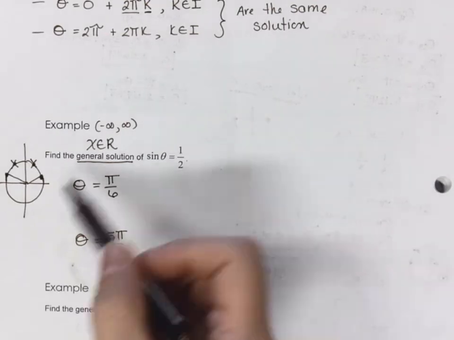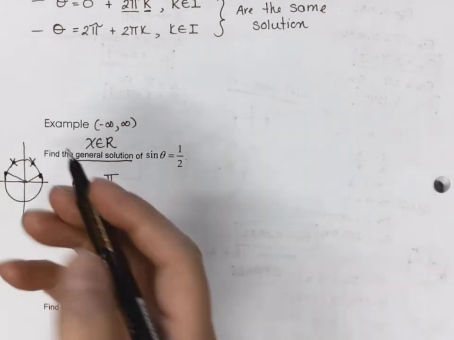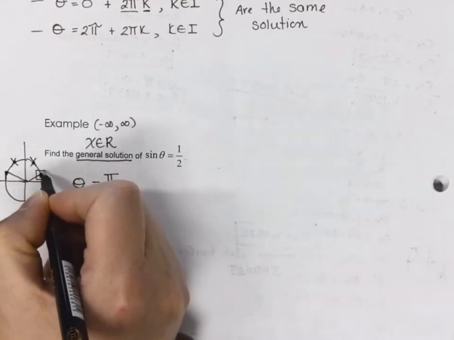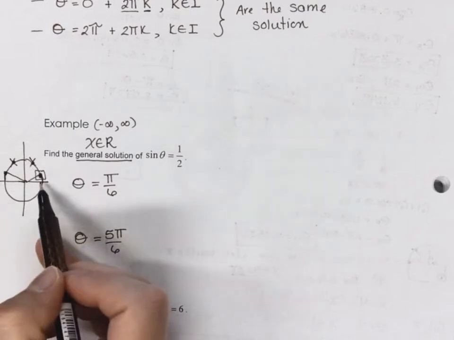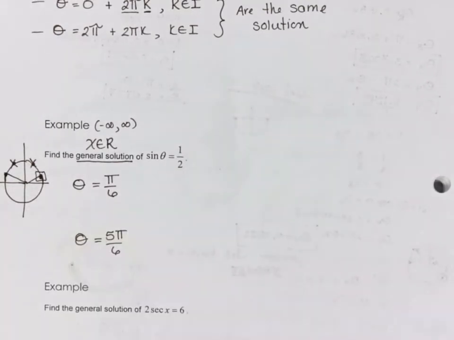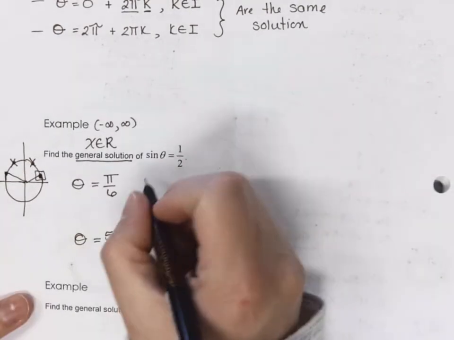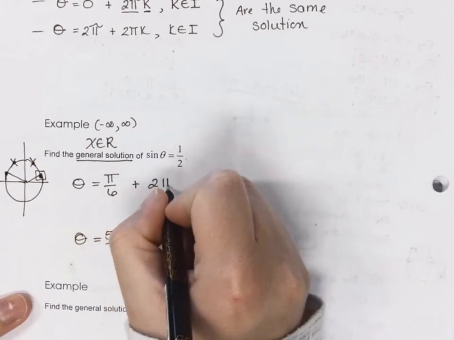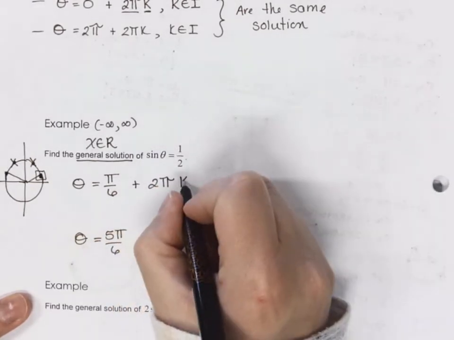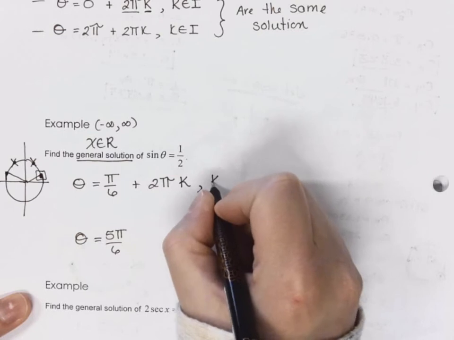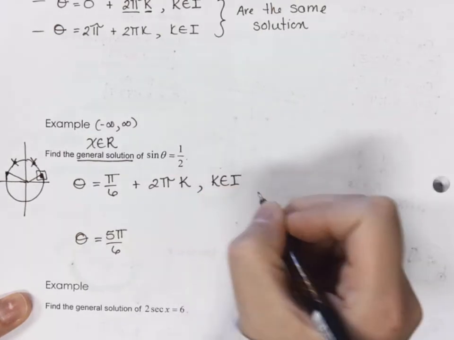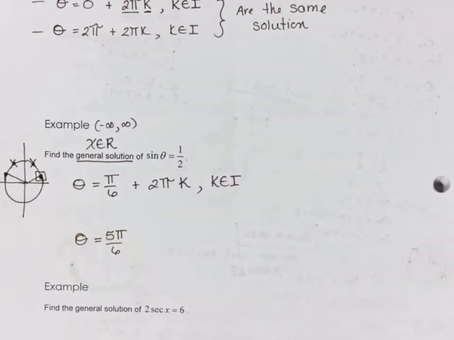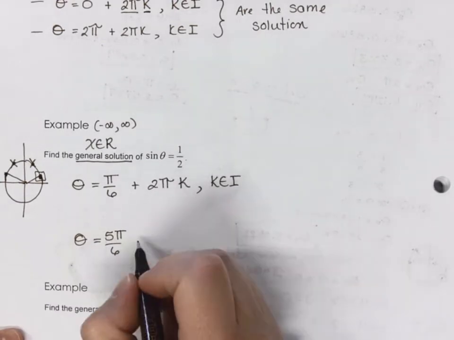So here, these are 2 unique values. If I want to get back to this first value, what do I have to do to get a coterminal angle for it? Add 2 pi. And we're going to add 2 pi a bunch of times. Or minus 2 pi. Doesn't really matter. And then this one, same thing.